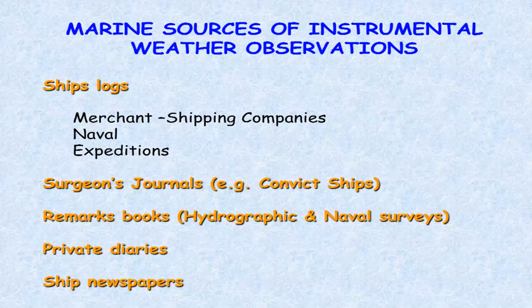Sometimes there are wonderful tabulations that these surgeons have put of the data, all nicely produced at the end of the particular journal. Other times they're scattered amongst the writings for each day and amongst all the horrors of the medical remarks, as you can imagine, looking after people who are being transported out in pretty horrible conditions over many months. So it varies quite a bit, but they are very valuable data, and I'll show an example of that in a minute.